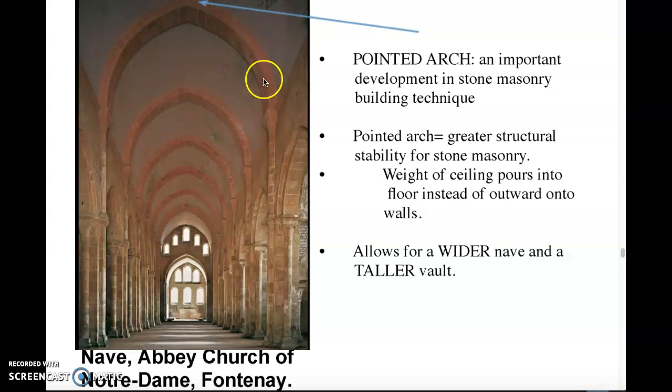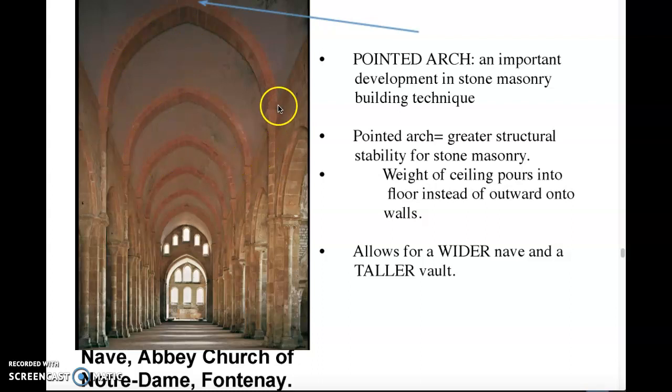Once you have a pointed arch, you've got better stability for your stone walls because of the weight pouring downward, not outward. And that means you can actually build taller, and you actually now can widen the nave.